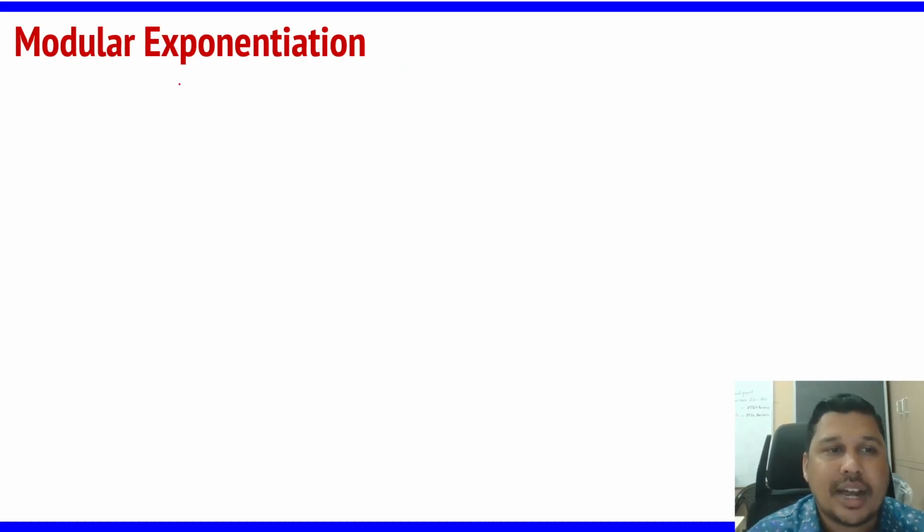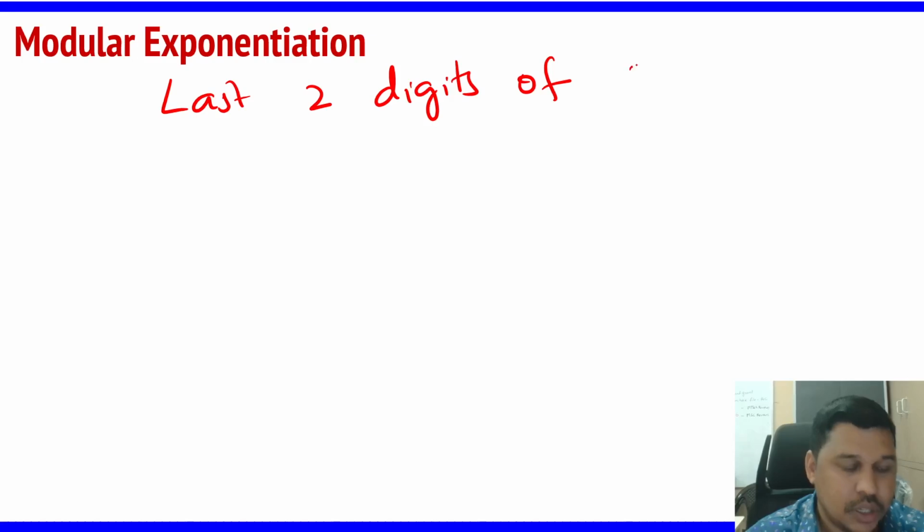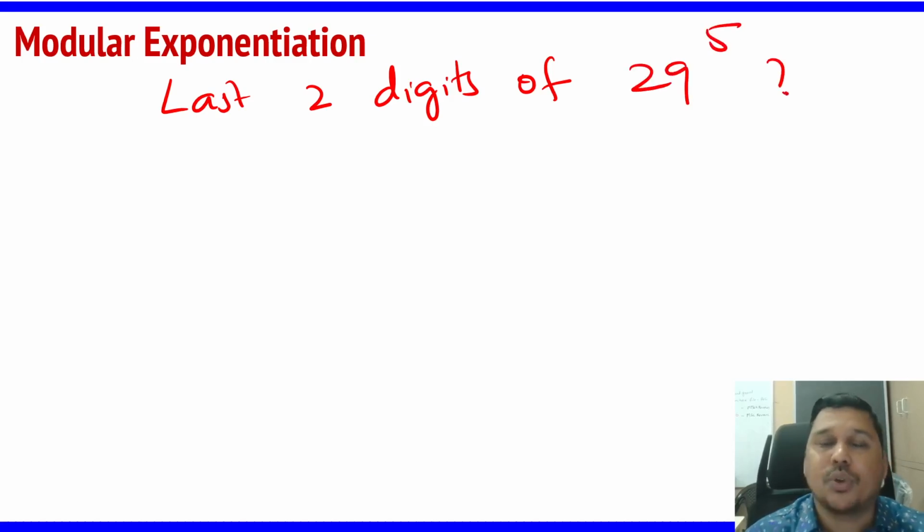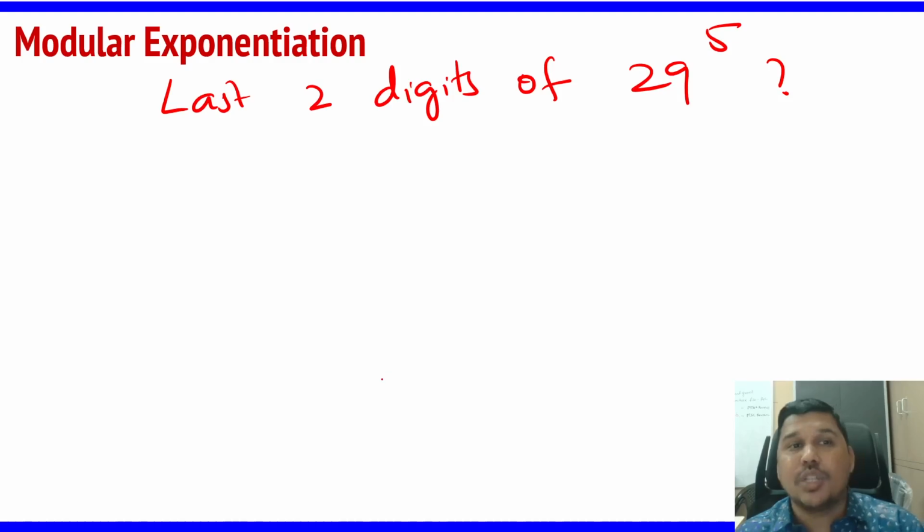You will see questions like: what are the last two digits of 29 power 5? Where can we use modular exponentiation? Suppose in the exam it is asked, in the value of 29 power 5, what are the last two digits? If you multiply 29 five times, whatever result you get, what are the last two digits?